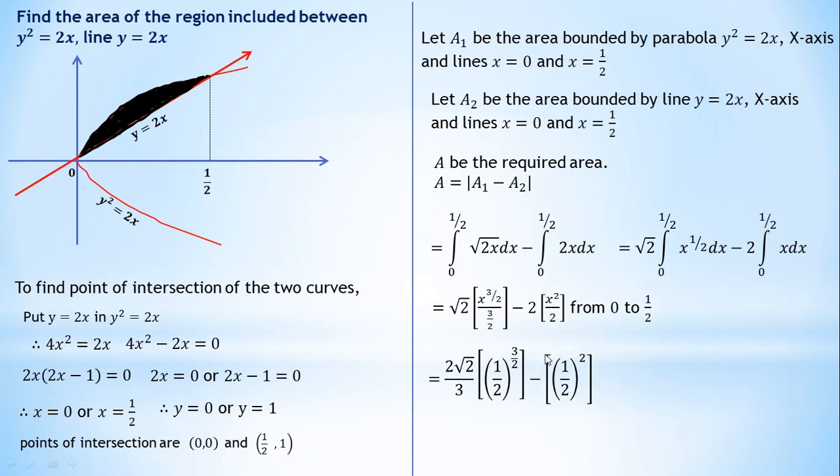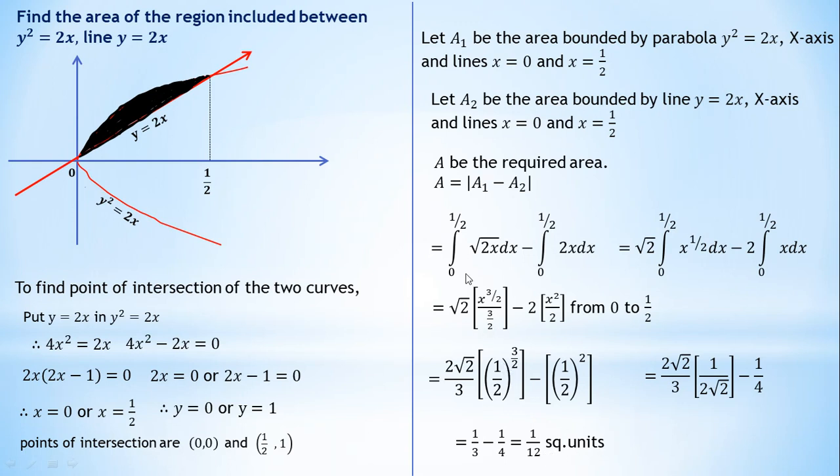So only we get this calculation. Now further if you solve this, then this is 2 root 2 upon 3 and 1 by 2 raised to 3 by 2 means 1 upon 2 root 2, minus 1 by 2 bracket square means 1 by 4. Now hence we get, see here, 2 root 2 will get cancelled, and hence we get 1 by 3 minus 1 by 4, that is equal to 1 upon 12 square units.